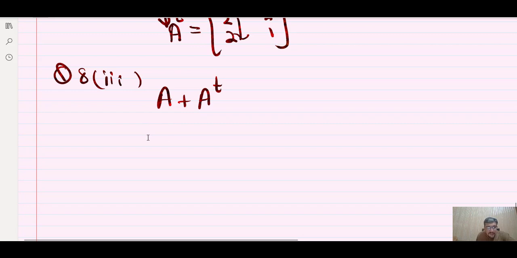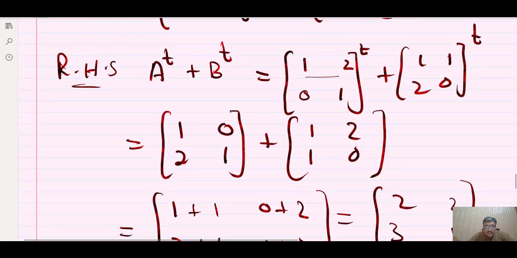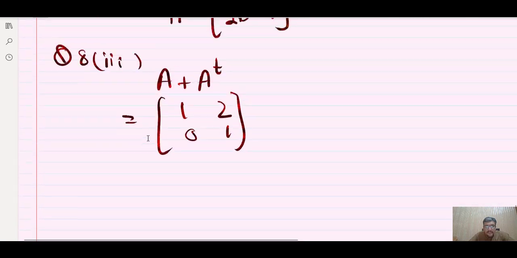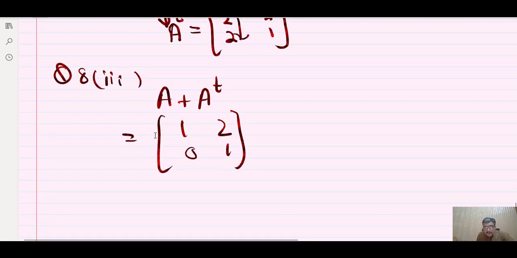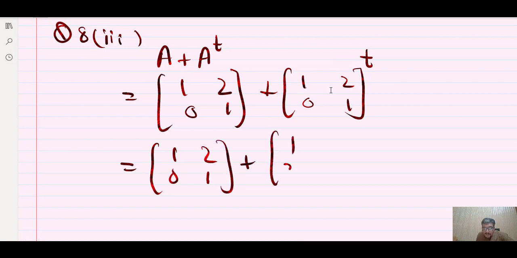A matrix is given, that is, I think, 1 2 0 1. Let me check the values again. Yes, it is 1 2 0 1, plus A transpose. So first of all, take the transpose of this, then you have to add: 1 0 2 1 plus 1 2 0 1.